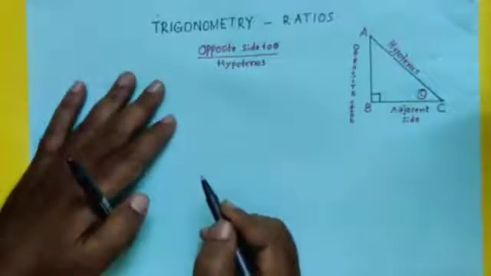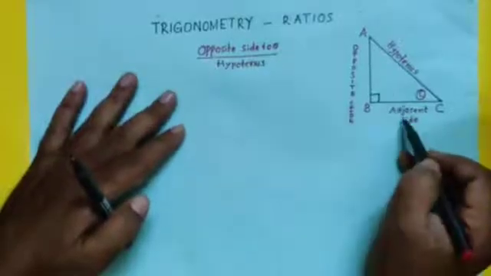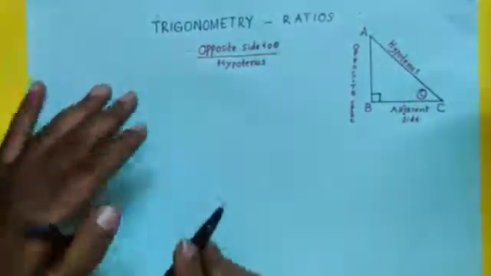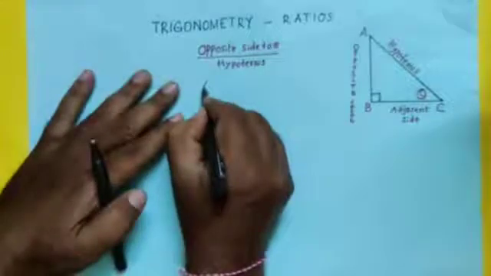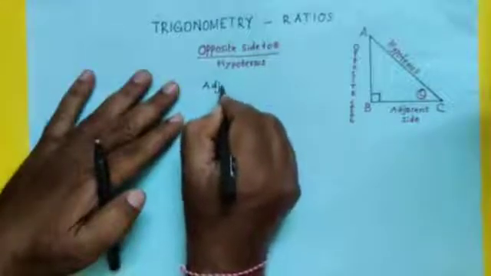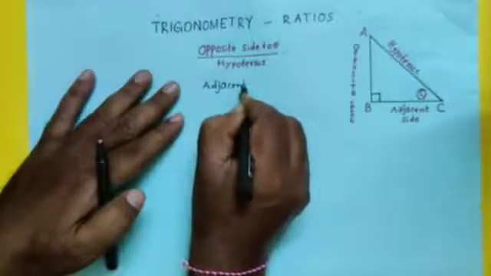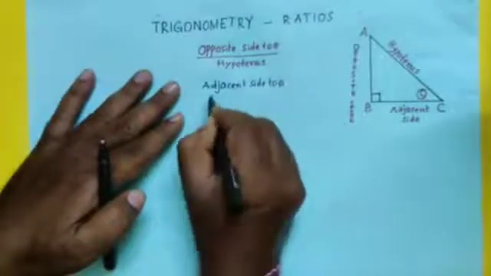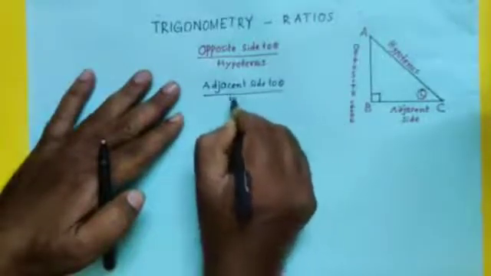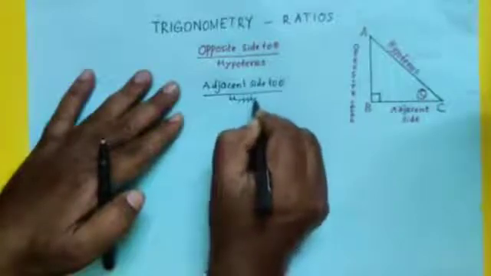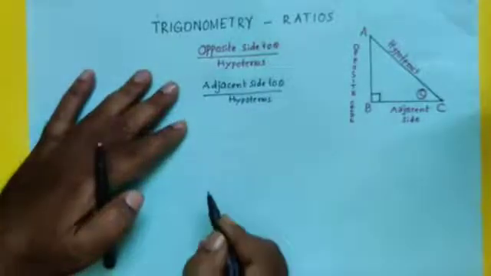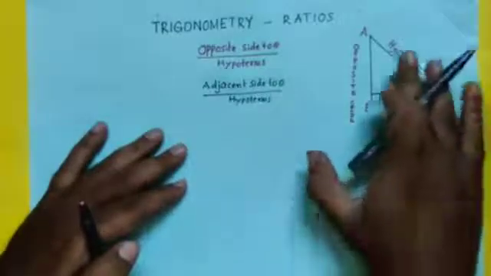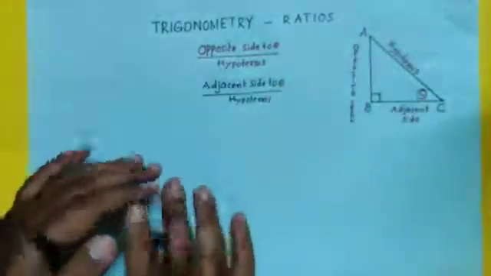This is the first one. Second, the adjacent side by the hypotenuse. And next, without the hypotenuse, the opposite side by the adjacent side.